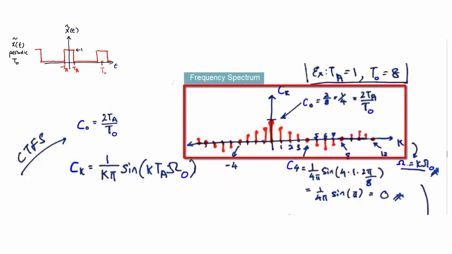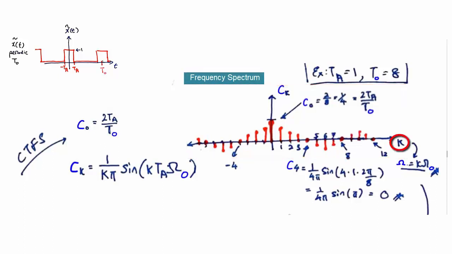We then are able to draw the frequency spectrum of Ck, where the x-axis now is k and the y-axis is the values of Ck. In most examples, Ck's are imaginary. However, in this example, because we have an even function, the resultant Ck's are real, with some positive values of Ck and negative values of Ck.